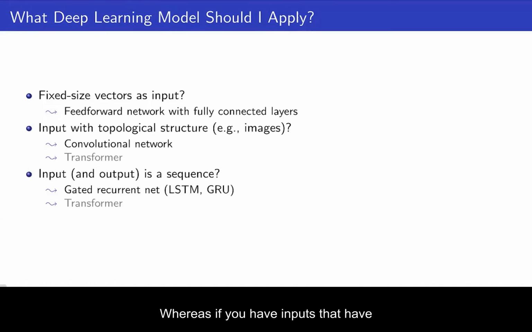Whereas if you have inputs that have this topological structure, such as images, then for sure you would want to use convolutional neural networks. And in cases that your input is time varying, then you'd want to use, for example, recurrent neural network, probably with convolutions along the time dimensions or transformers.